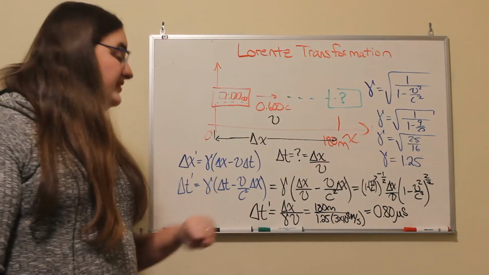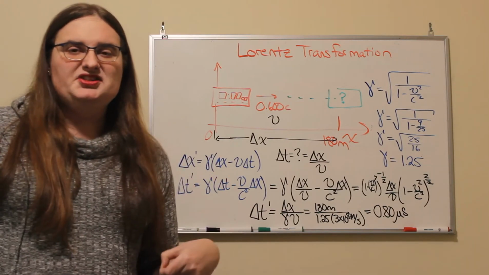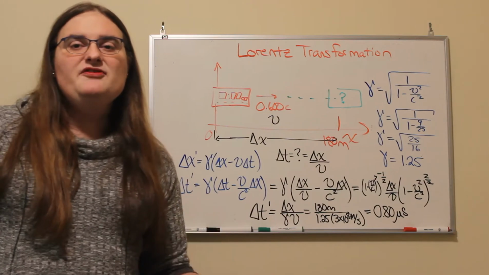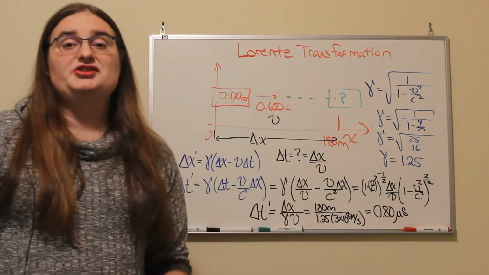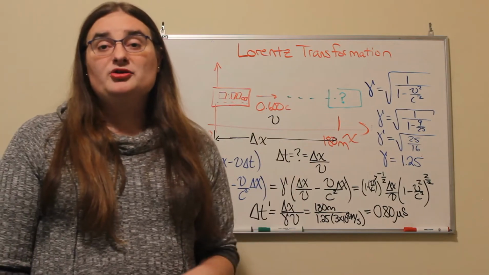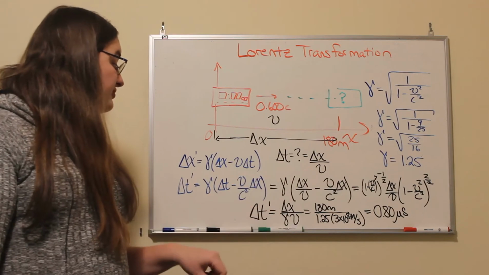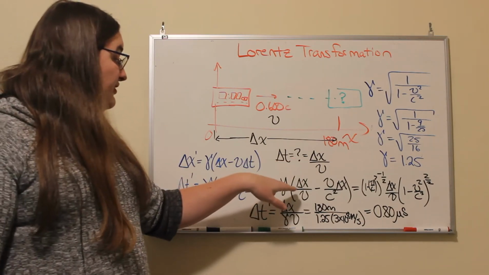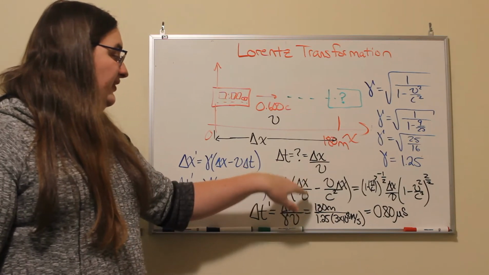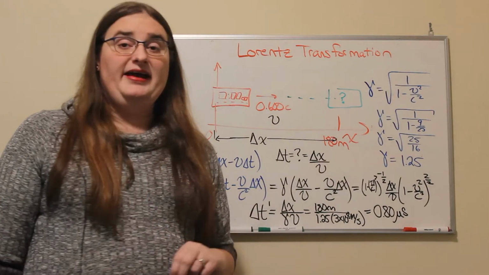Well, one of the neat things with Lorentz transformations is that they can end up giving you the time dilation equation and the length contraction equation that we worked with earlier in this chapter. So, if I plug in delta x over v for delta t, then I'll have gamma times the quantity delta x over v minus v over c squared times delta x.